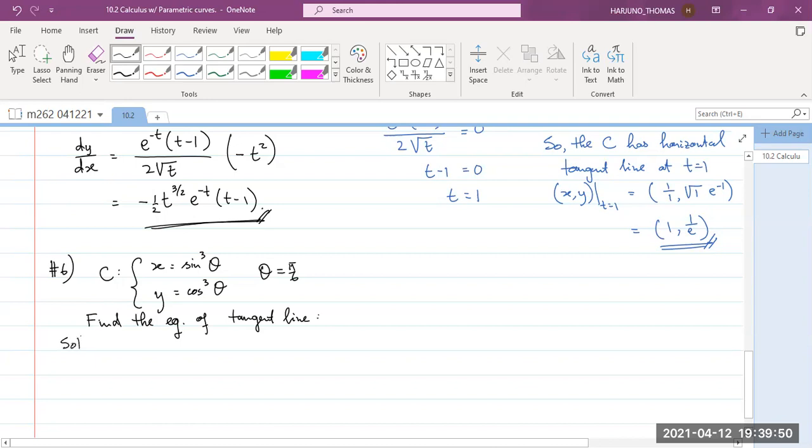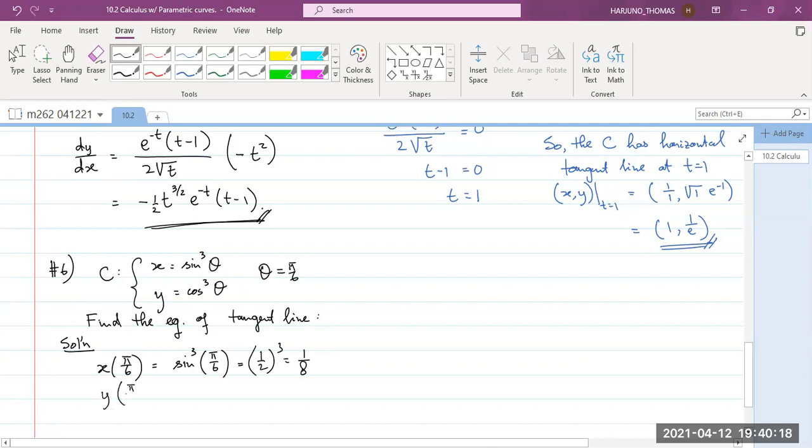Let's find the coordinate first. So when theta is pi over 6, that's sine cube of pi over 6. Sine pi over 6 is 1/2, as I believe. Make it cube, that's 1 over 8. Don't make it decimal. You may end up with a lot of rounding error.